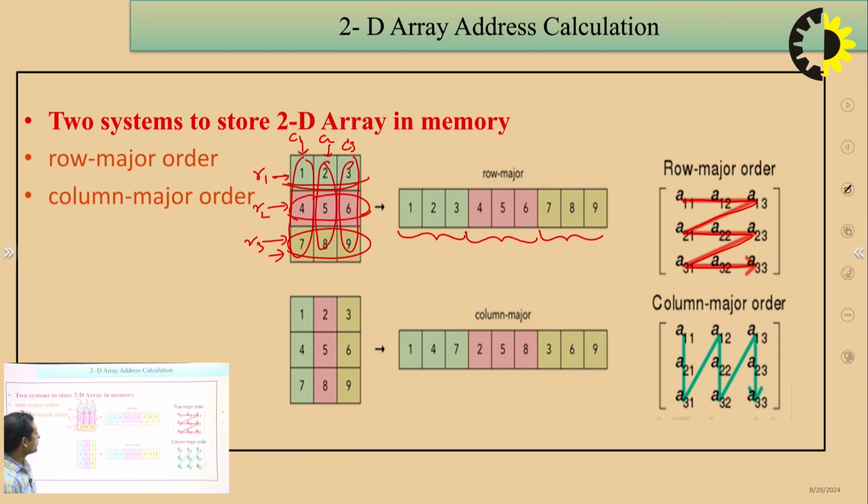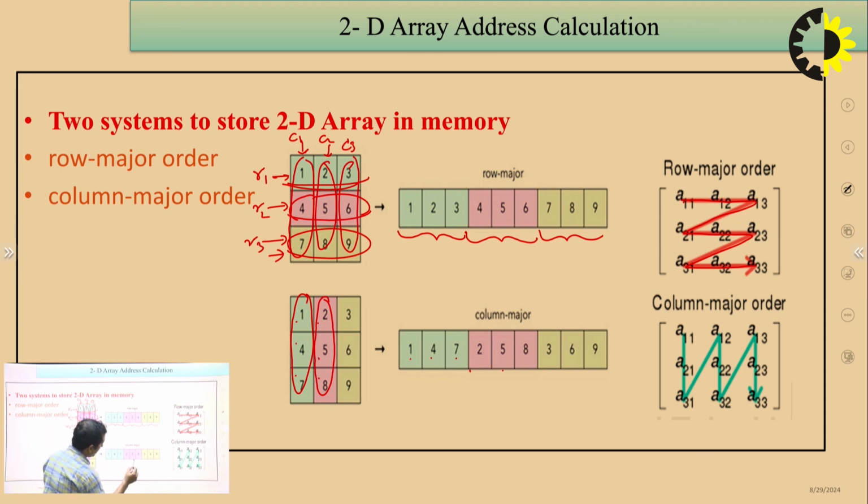Now the column major we can understand with the column. First store the elements of the first column, that is 1, 4 and 7. Then the second column elements are stored, that are 2, 5 and 8.